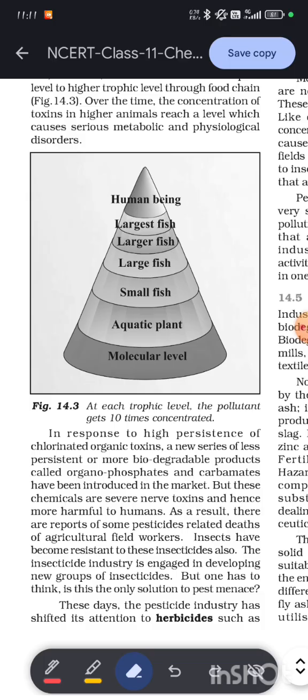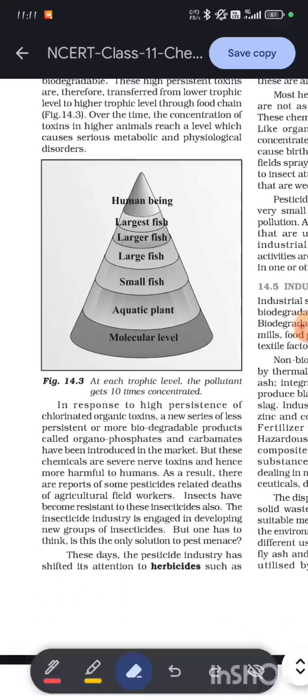As a result, there are reports of some pesticide-related deaths of agricultural field workers. Insects have become resistant to these insecticides also. The new group of insecticides arrived, but one has to think whether this is the only solution to the pest menace.